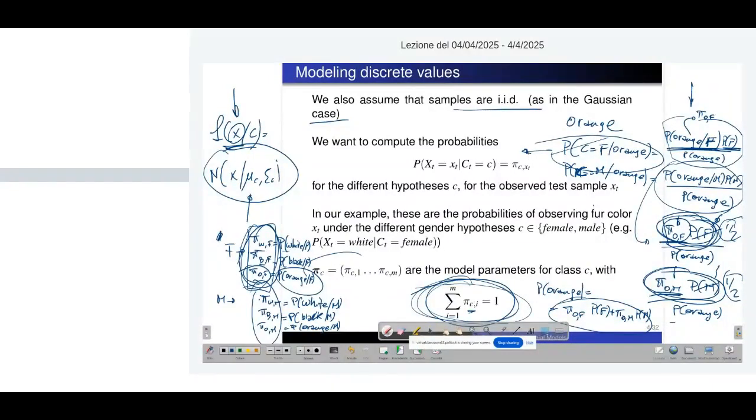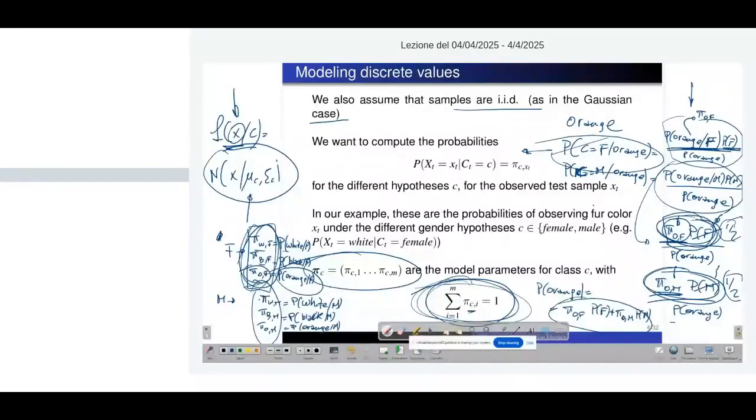It remains to see how we estimate the model parameters. We need to figure out what value we will use for the different pi's. Now, I anticipate that the results will be very intuitive. We saw this when we were doing a similar problem two or three weeks ago, where we were trying to estimate the probability that a coin toss would give heads.